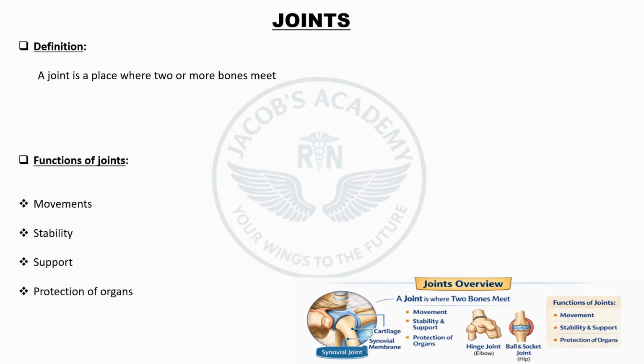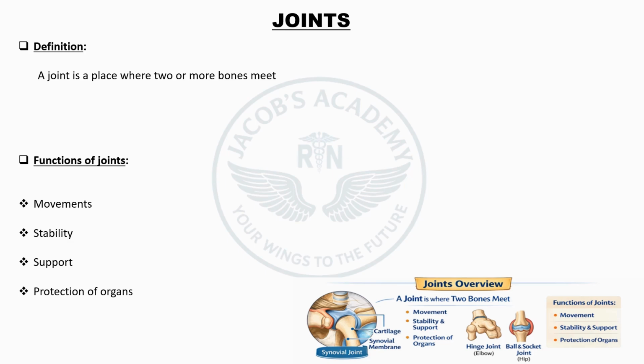The main functions of joints include movement, stability, support, and protection of organs. Firstly, joints allow movement, enabling actions such as walking, bending, lifting, and writing. Without joints, normal body movements would not be possible.